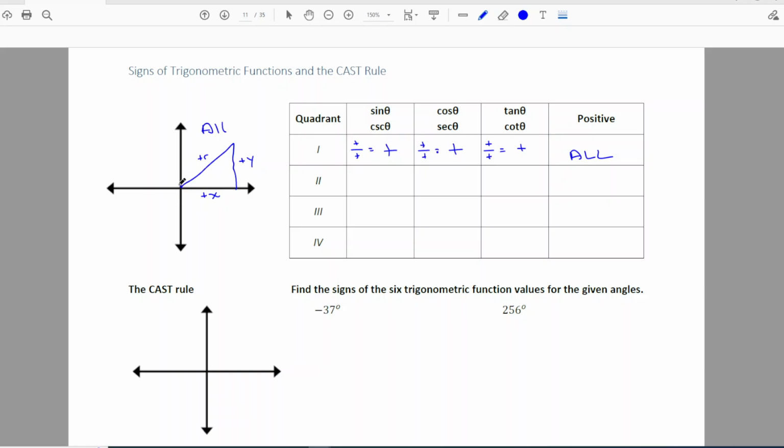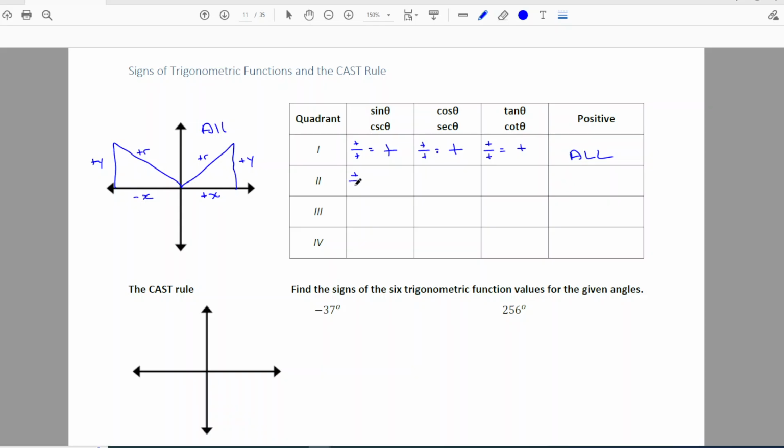If I move into quadrant 2, I have a negative x value, a positive y value, and a positive r value. Well, what's that going to make be negative? Well, the only ratios that deal with x would be the cosine and the tan. So again, if we went through and did these, sine would be y over r.